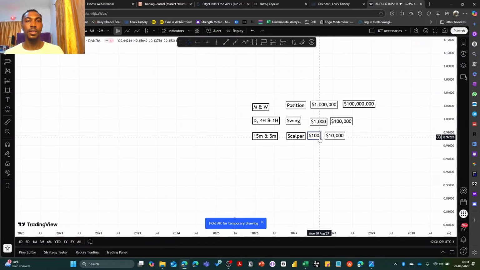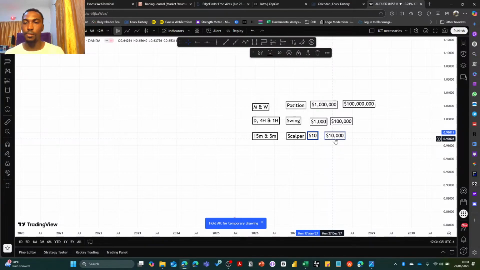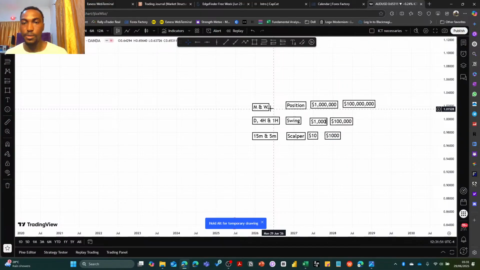But also, this is the sweet thing about scalping. Unlike the rest, you can also remove 2 zeros from this. And as a scalper, $100. Actually, that's 1%. This is the logic.